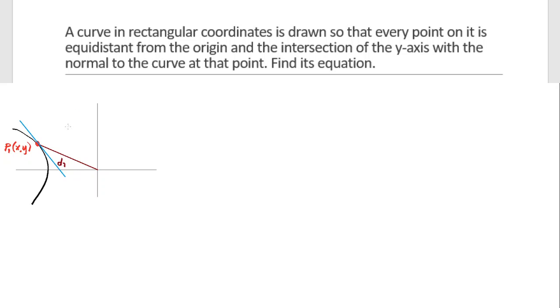So if we say that that is our tangent line, what would be the normal to the curve at this point? So tangent line and normal line forms a right angle, or they are perpendicular to each other. So if that is our tangent line, then we could say that our normal line would be this one. They must form 90 degrees.